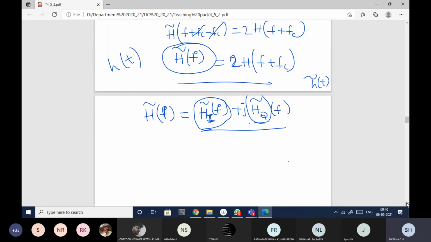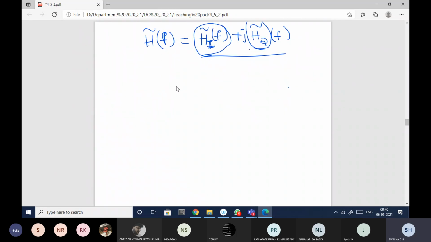In order to find this, I will directly write the equations first, in terms of H tilde of f, and then I will analyze it. H_I tilde of f is equal to half times H tilde of f plus H tilde star of minus f.